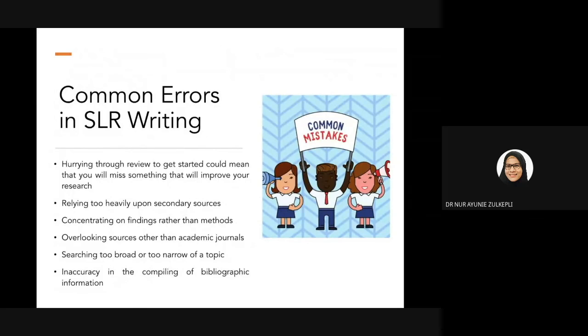You can refer to newspapers, scientific magazines, or any sources which are legal to be cited. Okay, and searching too broad or too narrow a topic, and also inaccuracy in compiling the bibliography and the information needed in your literature review.